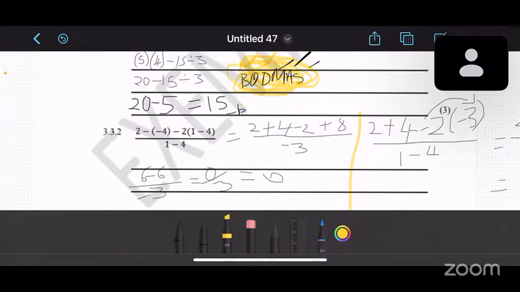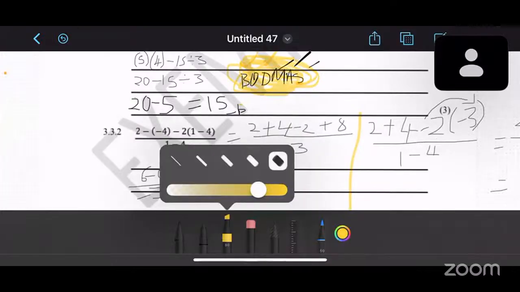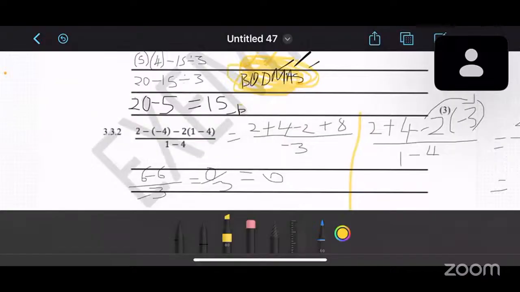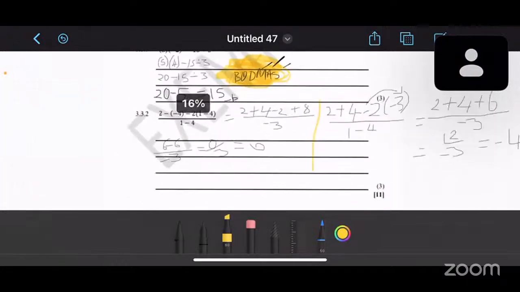Not that it's less important when you're not doing this part, but it plays a very huge role when you are calculating without the use of a calculator. Okay. Any question? No, ma'am. Okay, that's good.